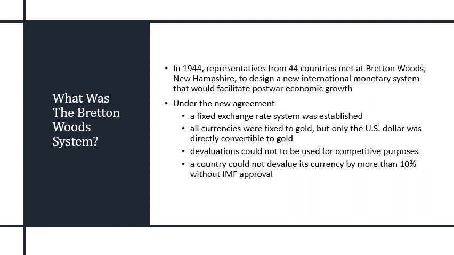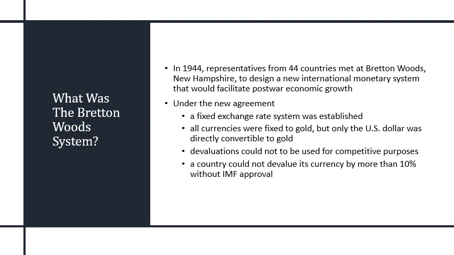Now here we will discuss that due to this particular agreement in Bretton Woods, two institutions were established. One was the IMF, which stands for International Monetary Fund, and the second was the World Bank.